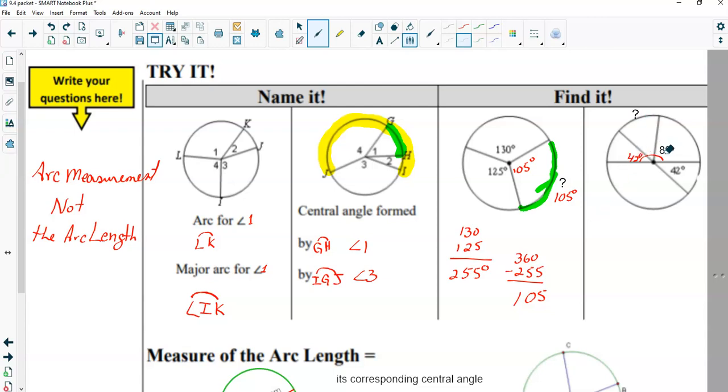So we have 80, so we need 100. So 100 minus 42, that's 58 degrees. So this right here is 58 degrees, and that completes the 180. Therefore, the measurement of this arc, let me highlight it, this arc right here, that's 58 degrees, okay? That's 58.